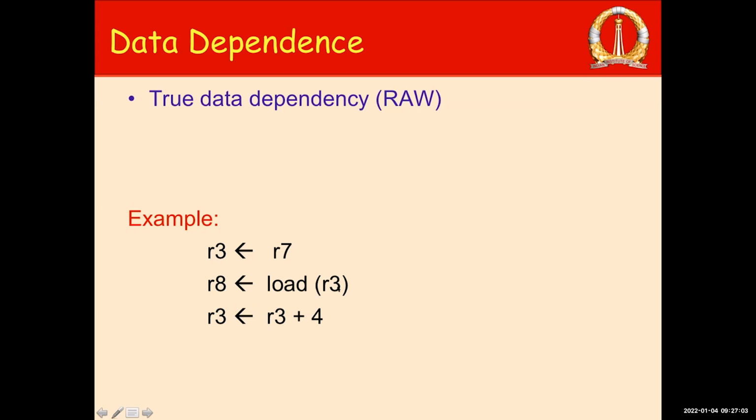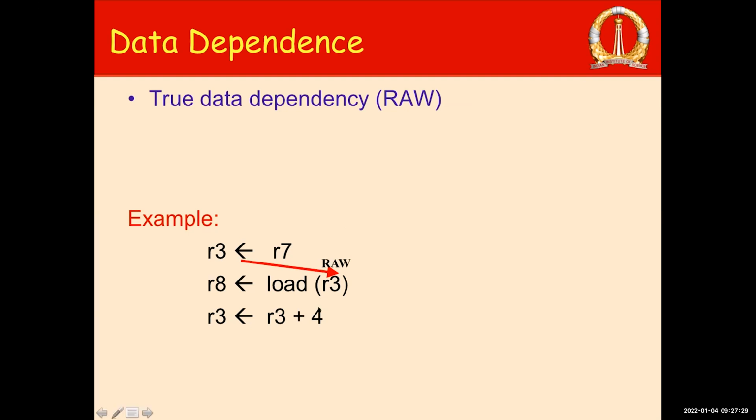So in this case, the second instruction is dependent on the first instruction, or the second instruction has to read the value produced by the first instruction, and that dependency is what is called the read after write dependency, because this read of the source operand has to happen after this write has happened. That is why it is called the read after write dependency.